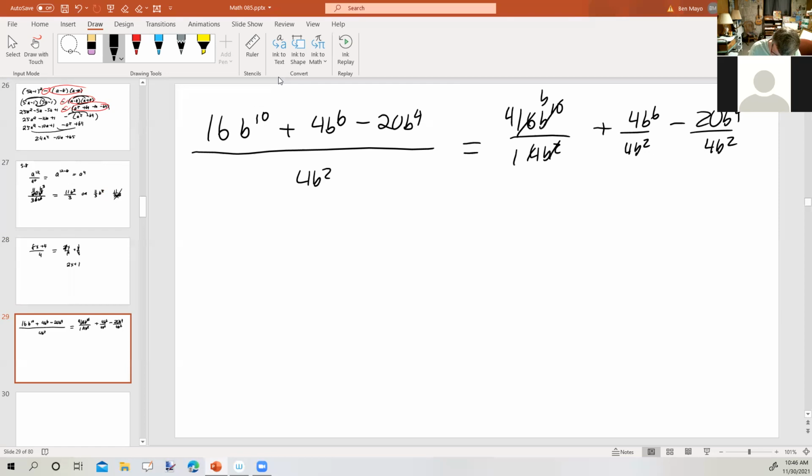B to the 10th over b squared is b to the 8th. So we get 4b to the 8th plus the 4 is reduced to 1 over 1. B to the 6th over b squared is b to the 4th. And then minus 20 over 4 is 5. B to the 4th over b squared is b squared. And there's our final answer there.